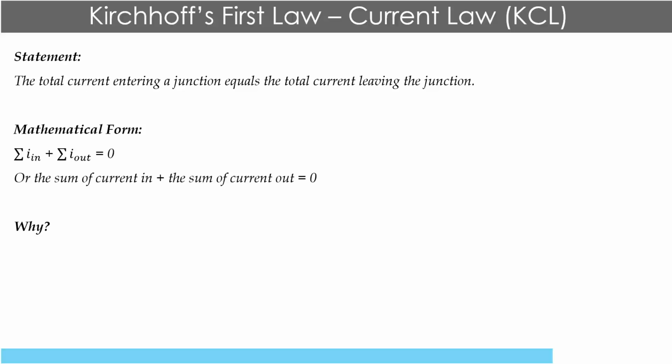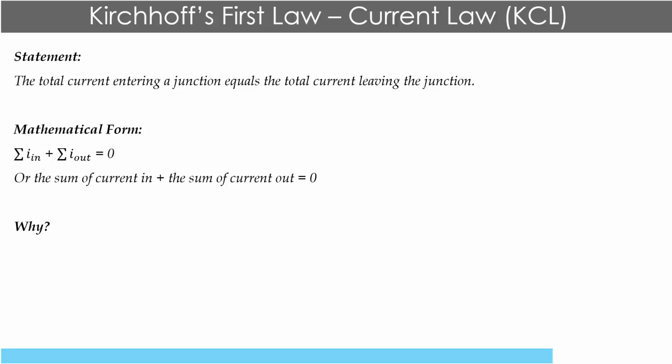In mathematical form, it means that the algebraic sum of current entering a node plus the algebraic sum of current leaving the node is equal to 0. Current is one of those quantities that also has direction. We'll come to that later, and as we progress, you will understand better.